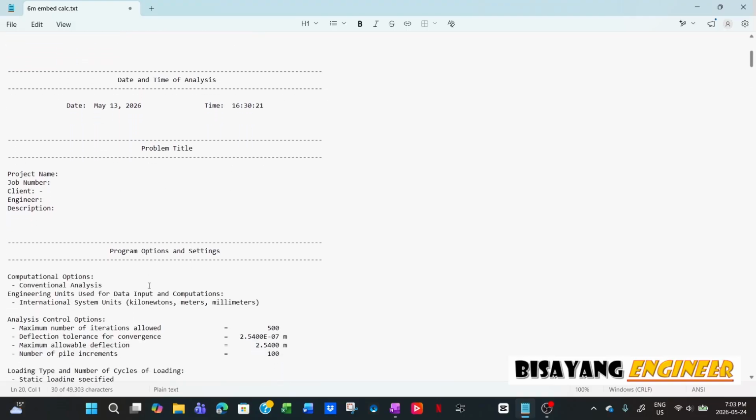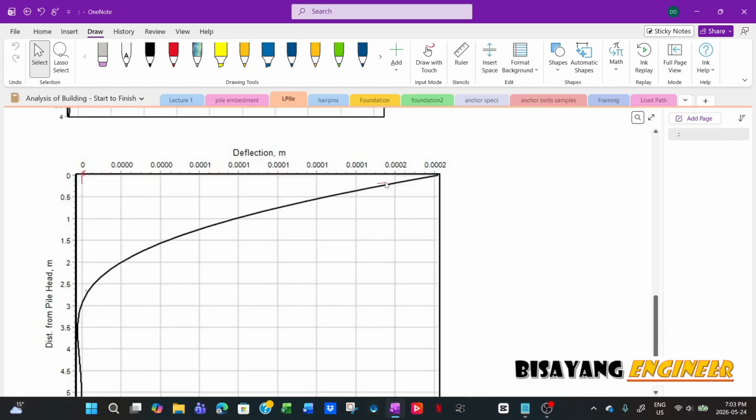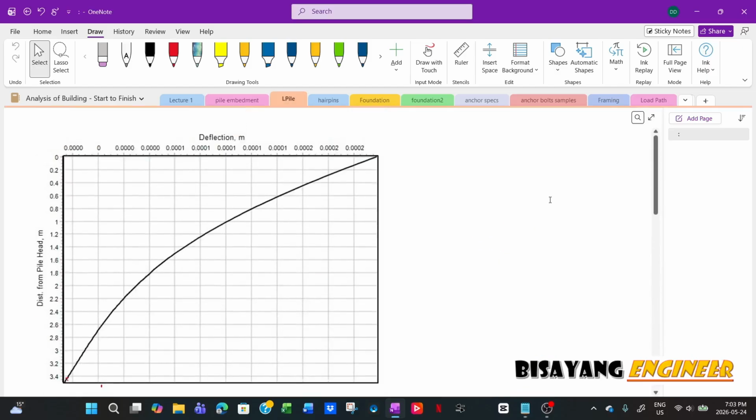But what I will show you first is that I did three different embedments. So when you run the analysis for LPile, you can try different embedments.